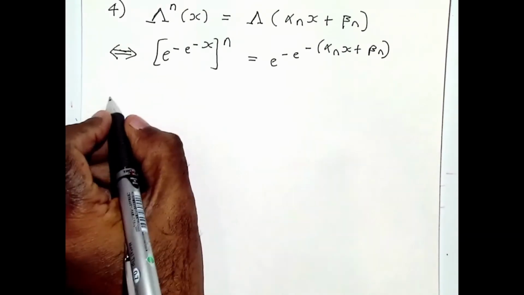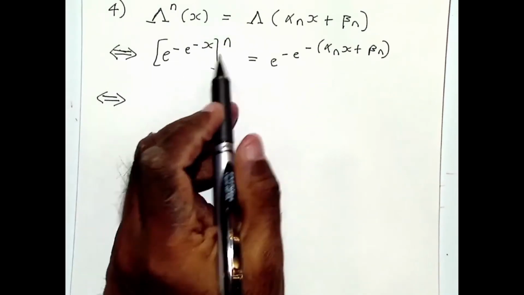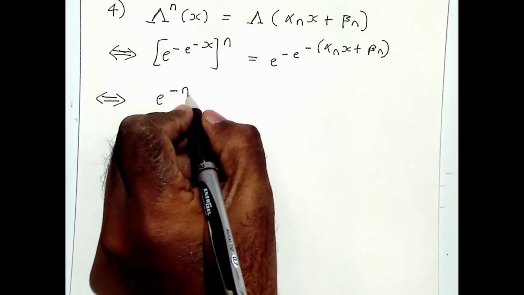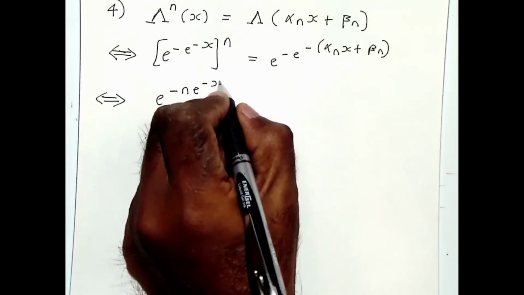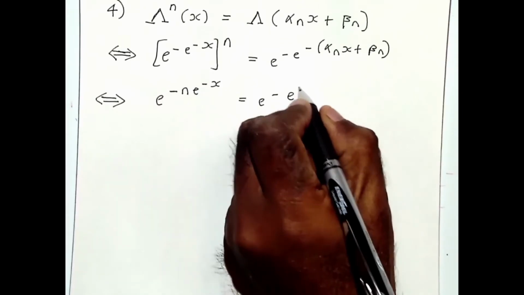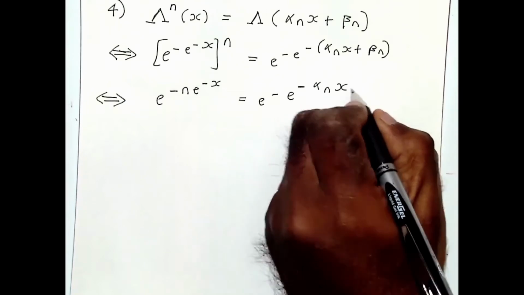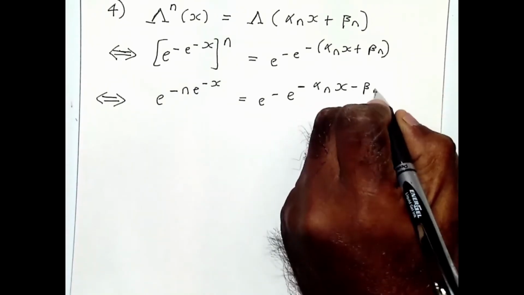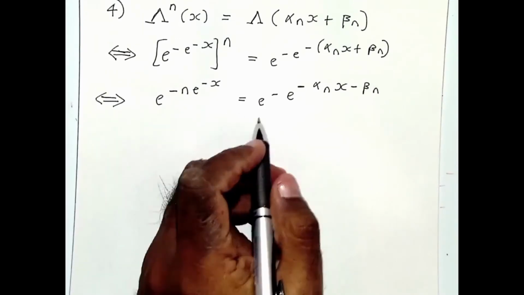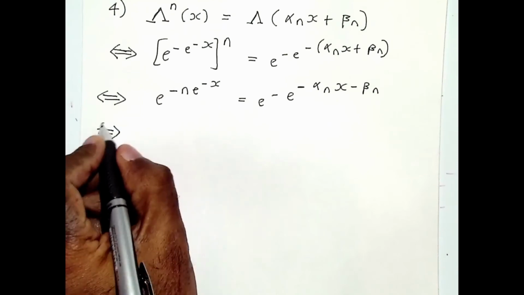All right, and this is equivalent to saying that this power n is equal to... All right, now let's take the log on both sides. So I'm going to take the log on the left and the right hand side.